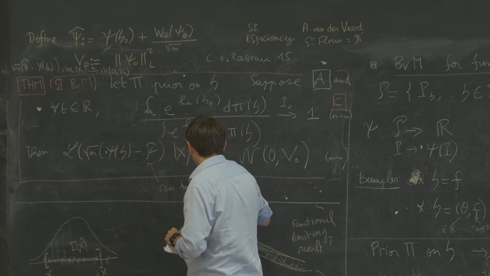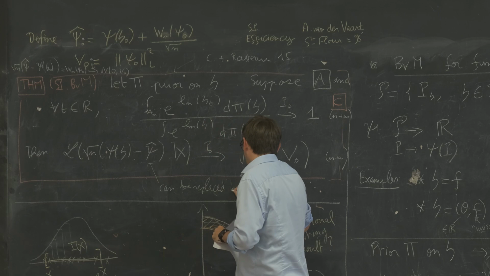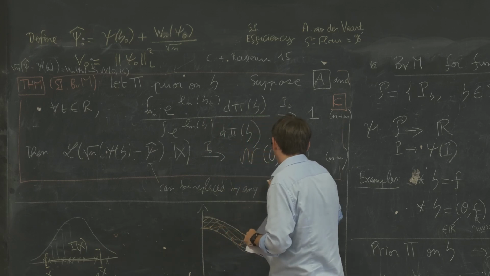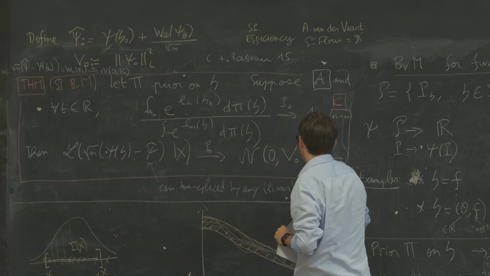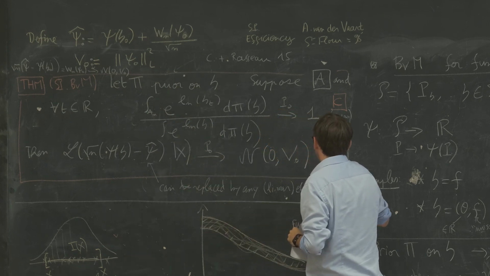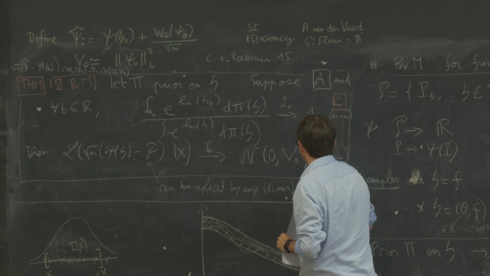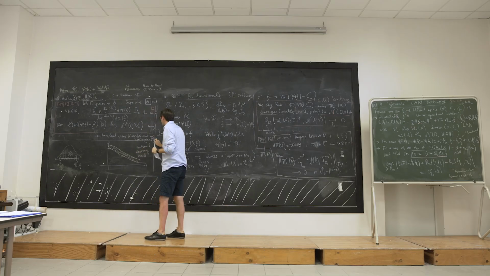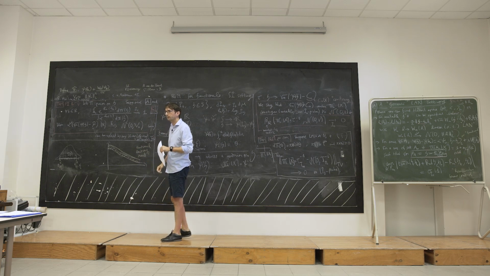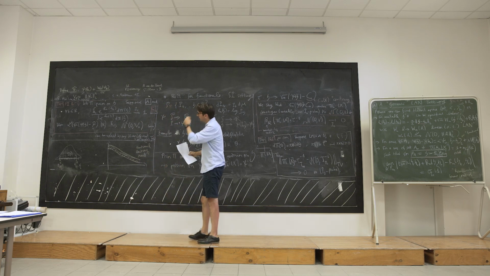That's a good question. It's called linear efficient, any estimator that has this expansion plus this. A linear efficient estimator psi tilde of x is a real estimator. Thanks for the question.